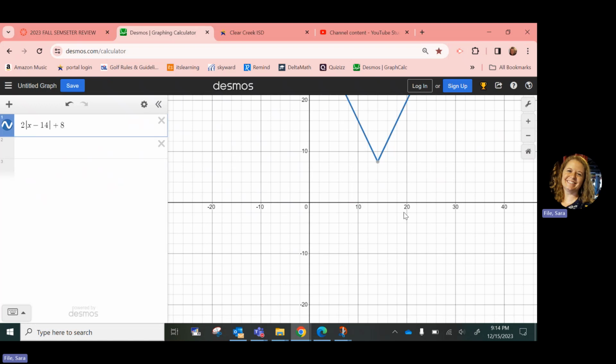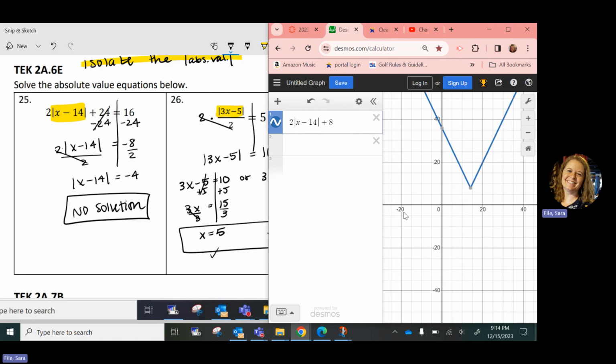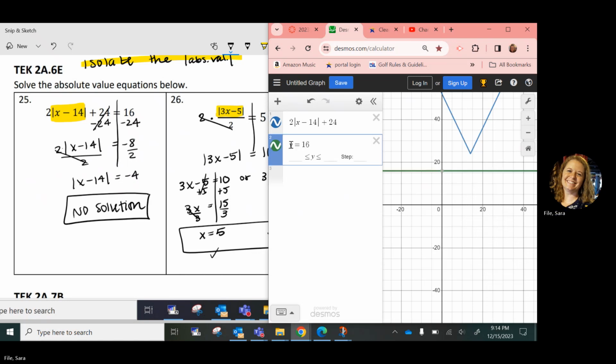Now your other option, actually, you can write the left side of the equation, so that was the plus 24, in one line, and the right side of the equation, so in this case 16, you would need to write it as y equals 16. You could write both as y equals, that doesn't matter.